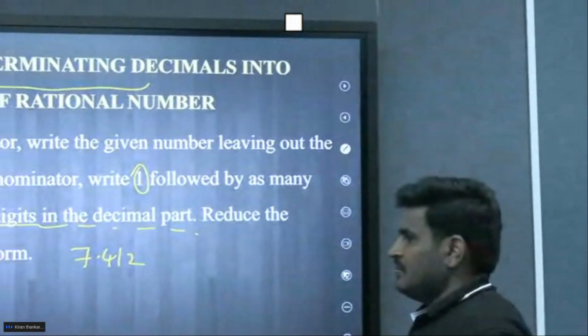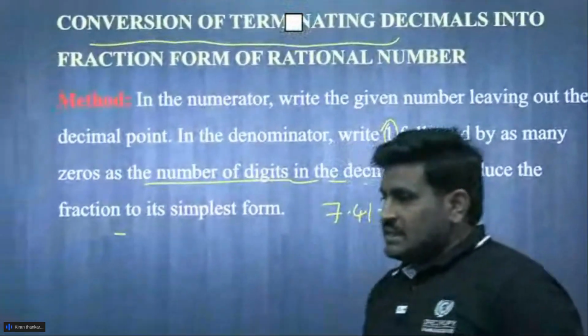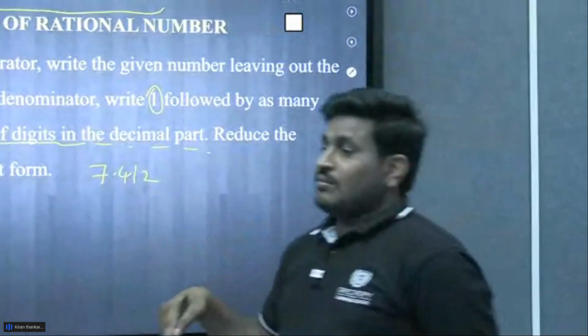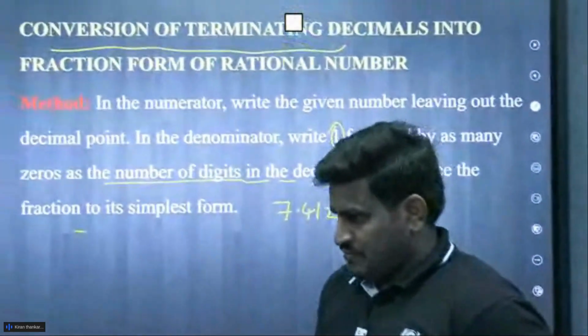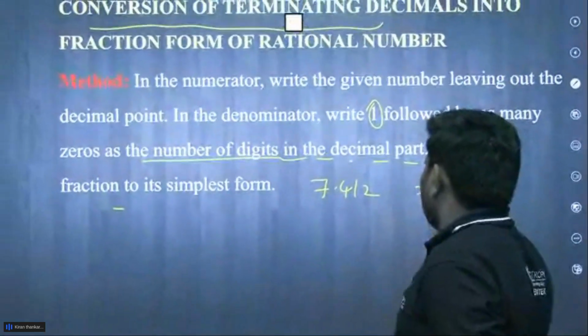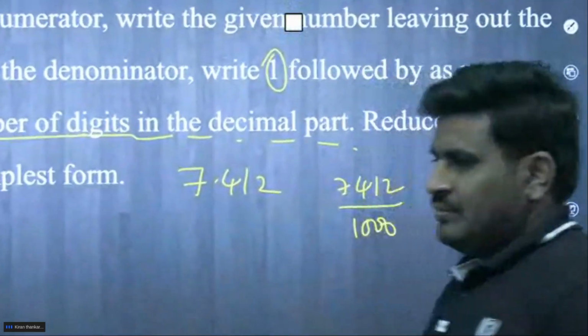Now this 7.412, when you write it, first we convert to a rational number, after that we simplify it to the simplest form. So 7412 divided by 1000.